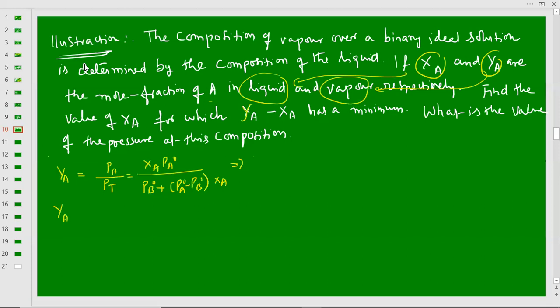Then YA minus XA will become equal to XA PA naught divided by PB naught plus PA naught minus PB naught into XA, minus XA.